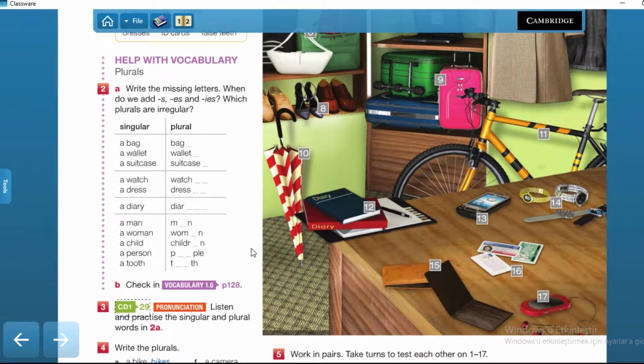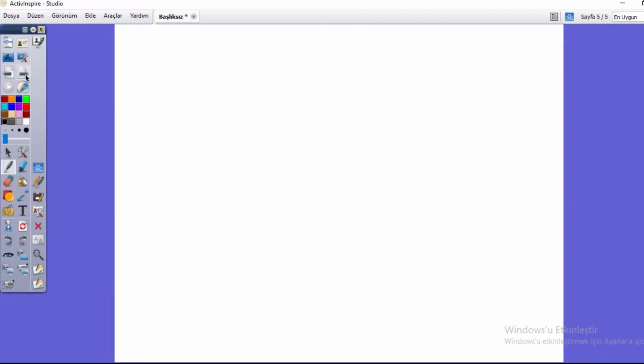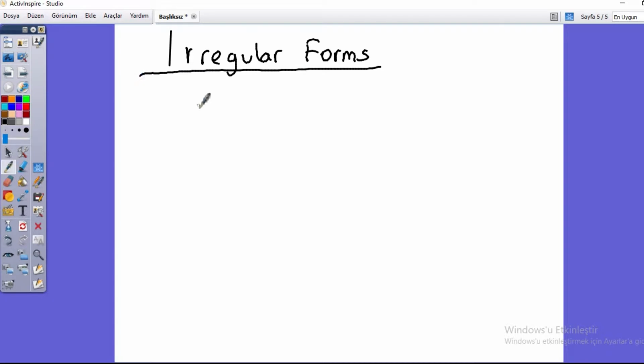The next rule here, let's have a look at it on the board. We have also irregular plural forms. We have irregular forms. Let's write it first on the board. For example, a man. To make plural form of a man, we say men. Let's repeat it.